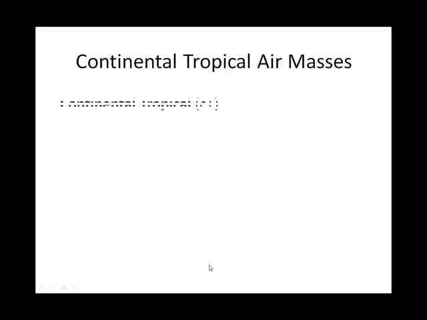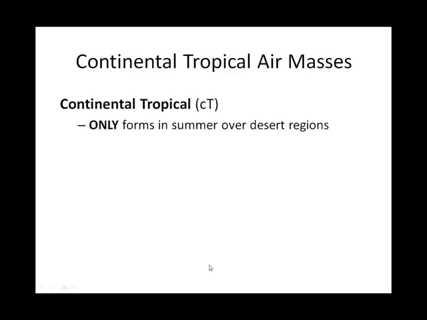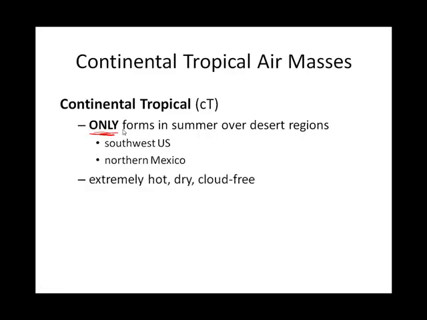Another warm air mass, remember this warm air mass is only in the summer, the dry warm air mass, continental tropical air masses. I added the word only. It's not on maybe your slides if you printed them out. So continental tropical air masses form only in the summertime, and they form in the southwest U.S., northern Mexico.